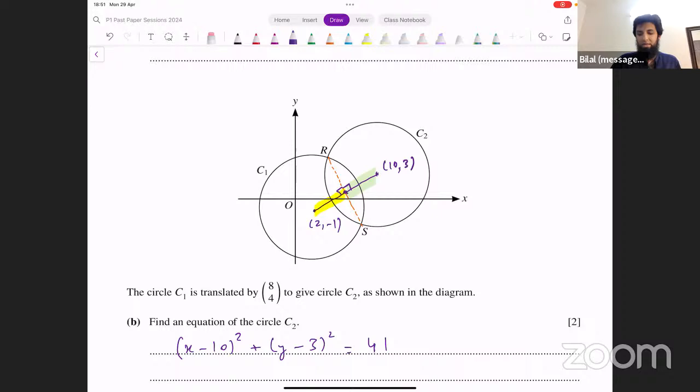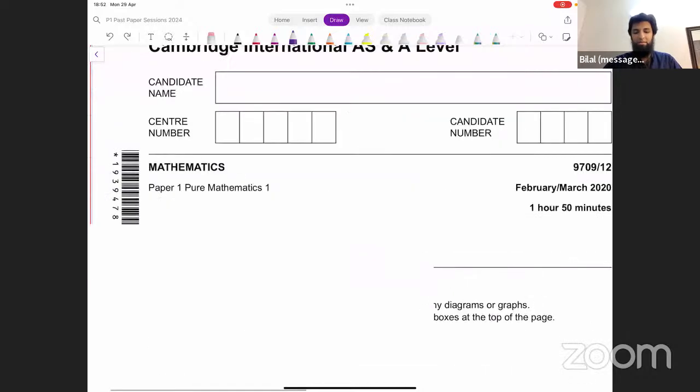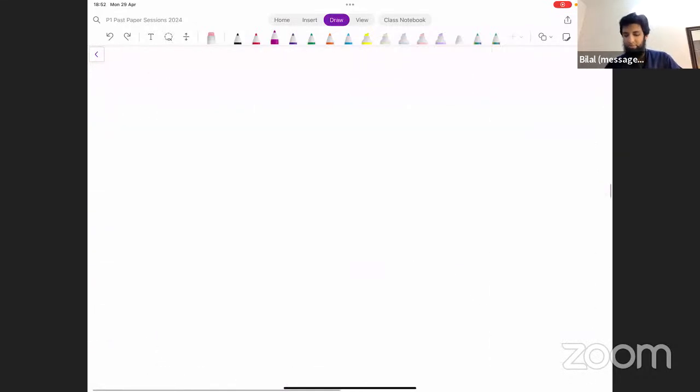So this point where both the centers are meeting with this chord, they are the midpoint. Since they're meeting at the midpoint, the angle is going to be 90 degrees. This complete angle is 180. That's why it's a straight line, and RS becomes the perpendicular bisector of that. All right. So basically, all you have to do then is find the equation of the perpendicular bisector, and you would get that equation that you're looking for.